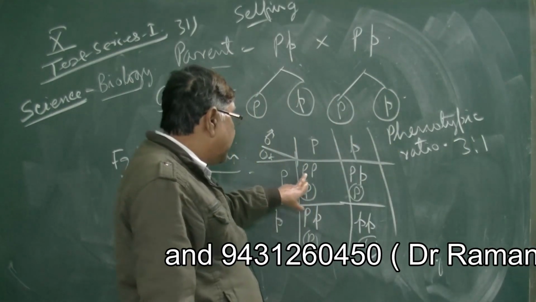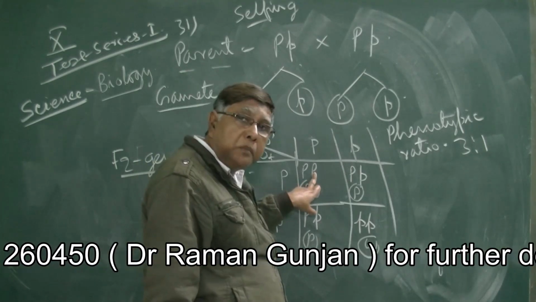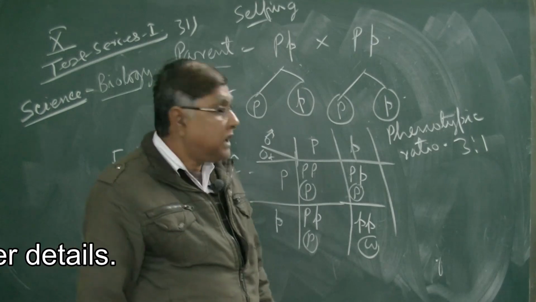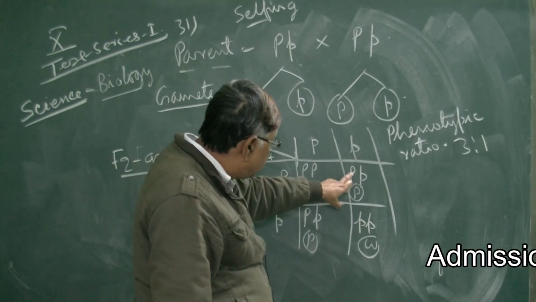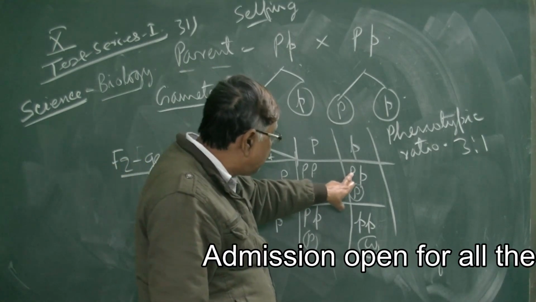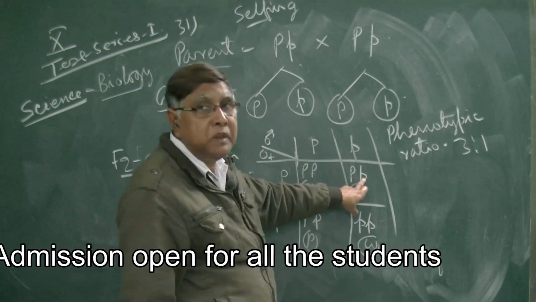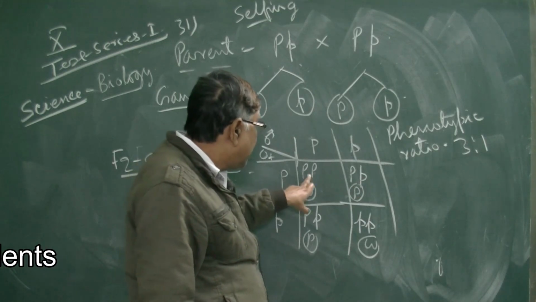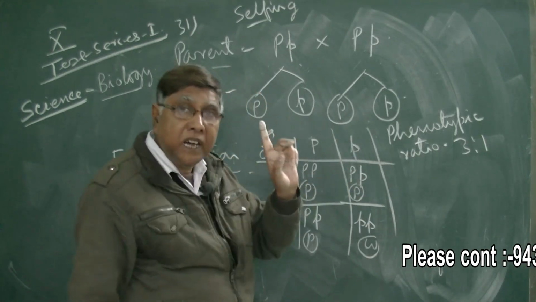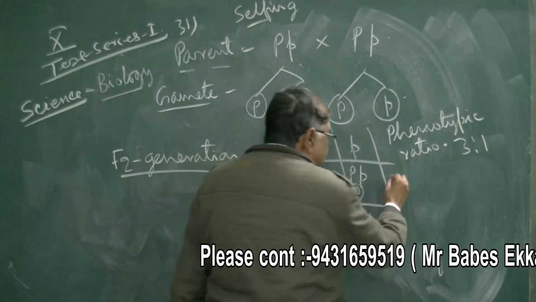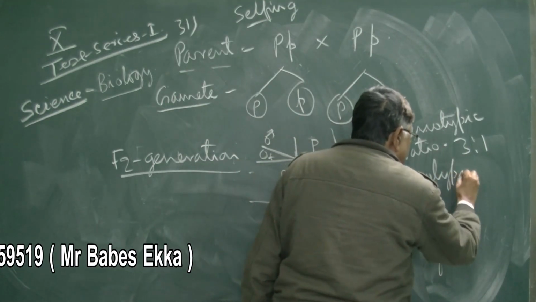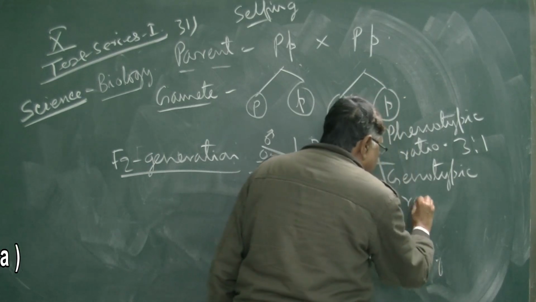Capital P capital P also looks purple and capital P small p also looks purple flower. But here what happens? This capital P is dominant over small p. Here it follows the law of dominance. So the genotype of these two purple flowers is different. So the genotypic ratio will be different from the phenotypic ratio.